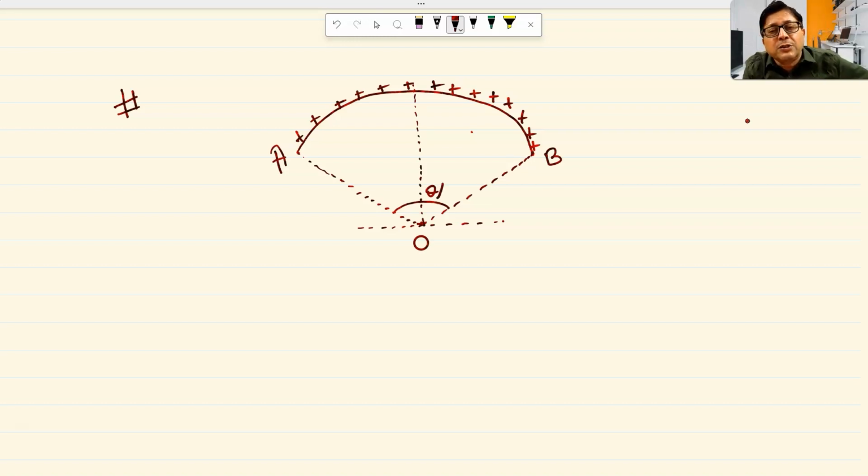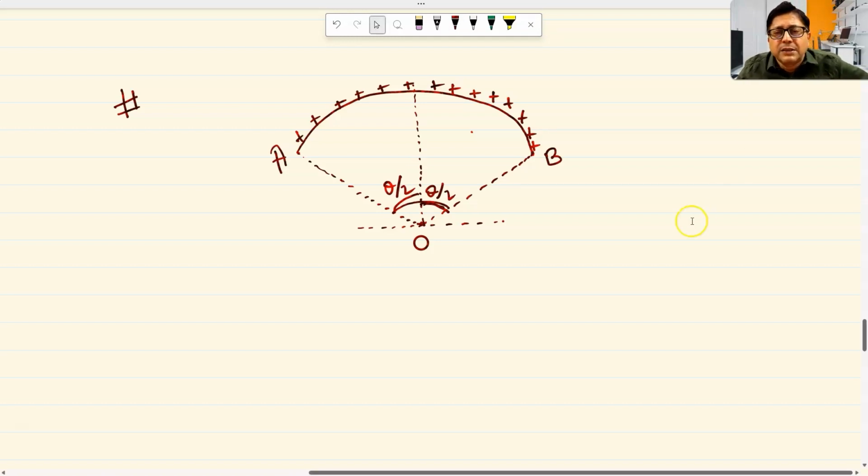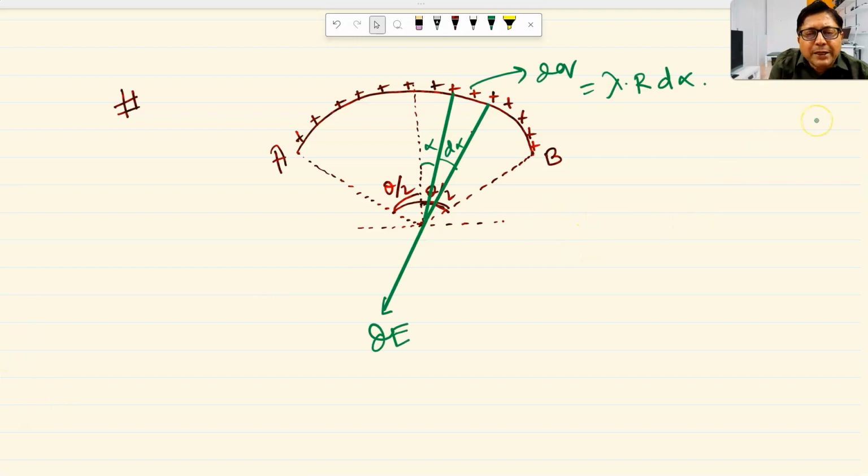Total angle theta, so this portion will be theta by 2, and this portion is also theta by 2. After dividing it, I have taken the elemental portion PQ here.